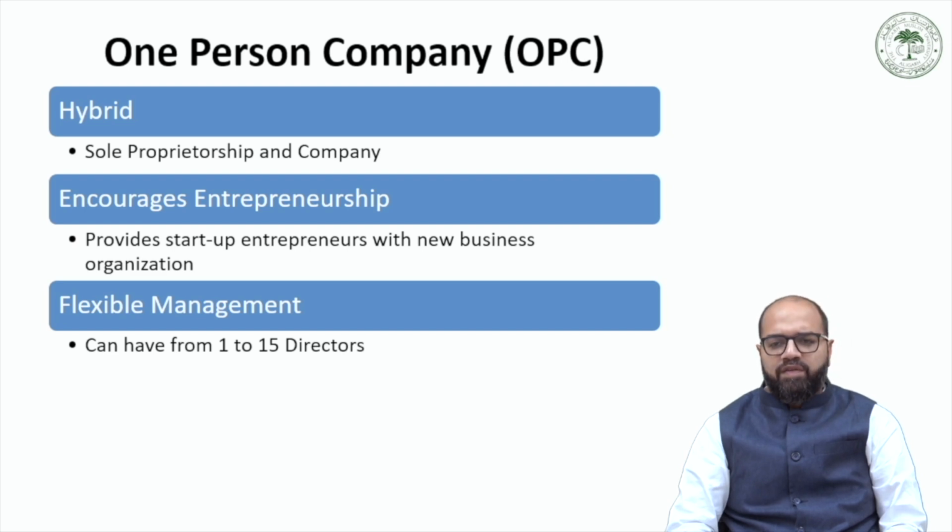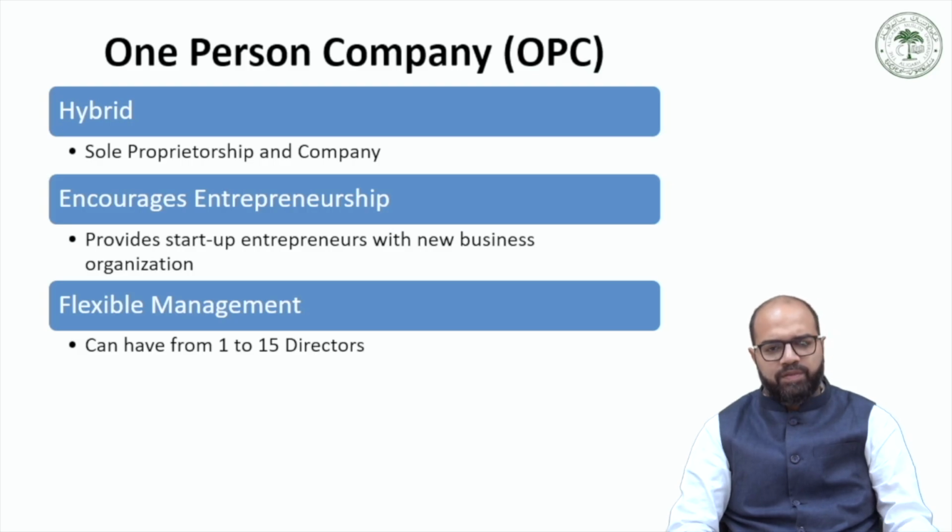However, if the promoter of an OPC desires professional, diverse and skilled management, he can appoint up to 15 directors who will constitute a board and will be responsible for carrying out the management of the company and taking its business decisions.